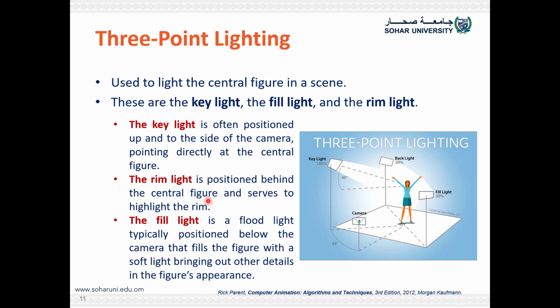This is the purpose of this light. The other light is called fill light. This one is always positioned below the camera, and its task is to show the other details. So this is the concept behind the 3-point lighting.